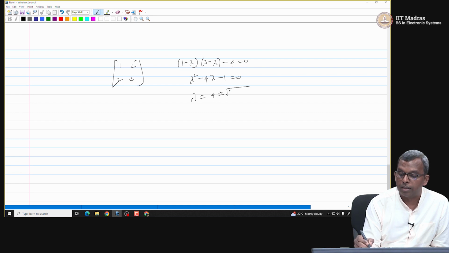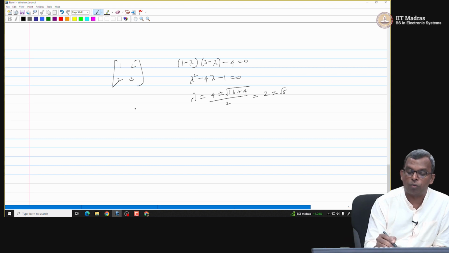You will get root of 16 plus 4, over 2. So, it is 2 plus or minus root 5. I hope that is correct. 20 is 2 root 5, so 2 plus or minus root 5.